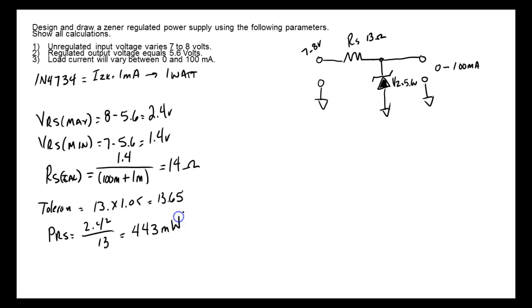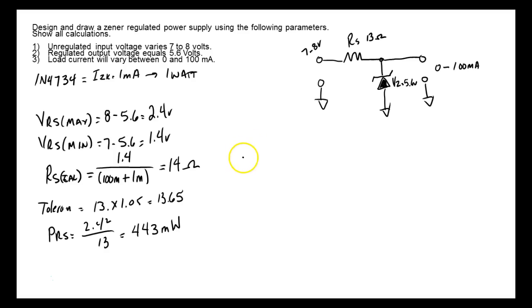Yeah, very important for us to know the units. So that means we would use a 1 watt resistor, right? I'm not asking y'all to choose the resistors. We're just doing this calculation.